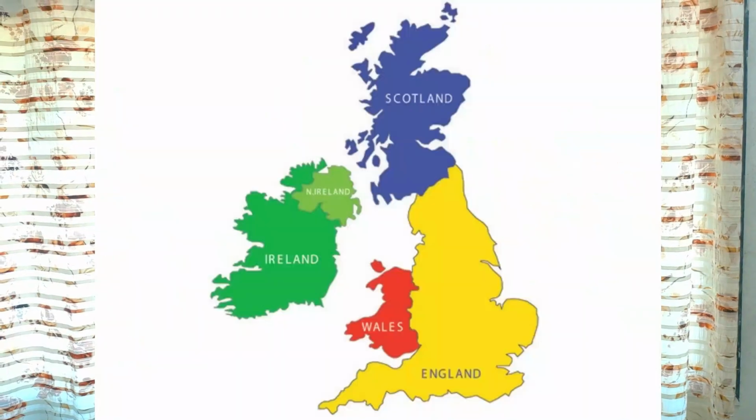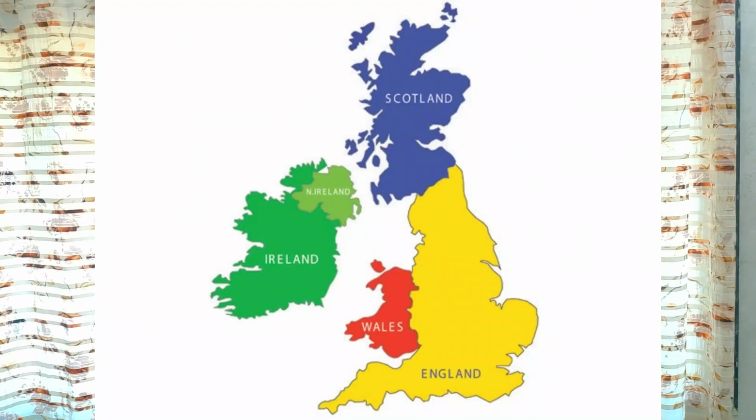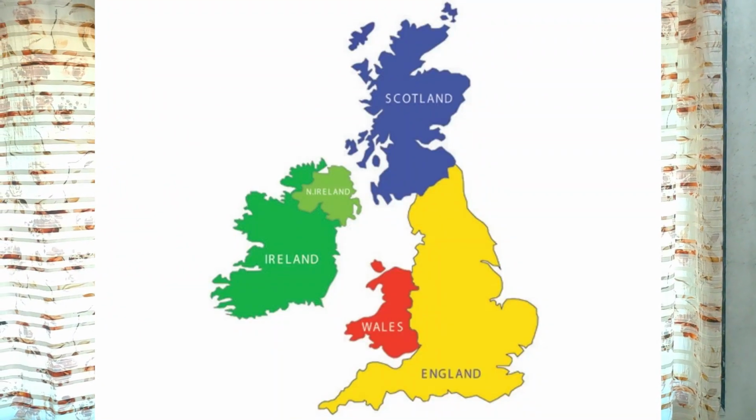When we are talking about how Australian English came into being, we have to look back into history. They colonized Australia, and there were three major groups from the UK: Irish, Scottish and Welsh.